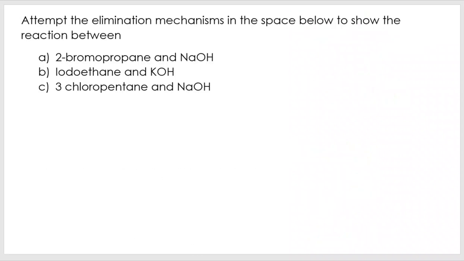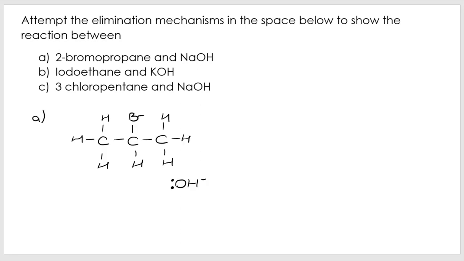So now a chance to look at a few more examples of these mechanisms. Have a go and then review. So 2-bromopropane and NaOH, remembering that it's the OH- we put in the mechanism. This is going to attack an H. It's on the carbon neighbouring the carbon that the bromine is connected to.